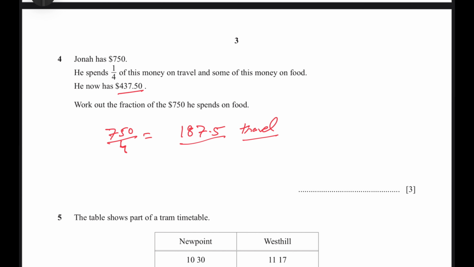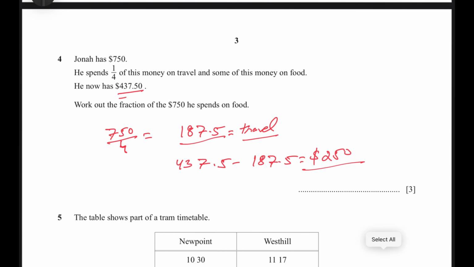So 187.5 he has spent on travel, and this much he had left. First of all, how much he has spent on food will be 437.5 minus 187.5. Let's use the calculator. 437.5 minus 187.5, that means he has used 250 on the food.